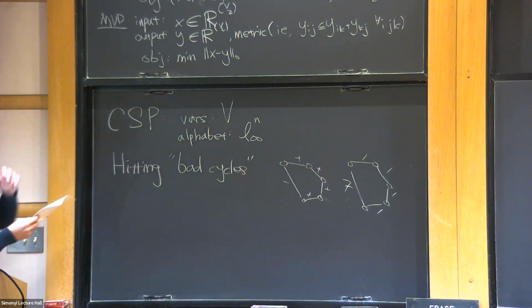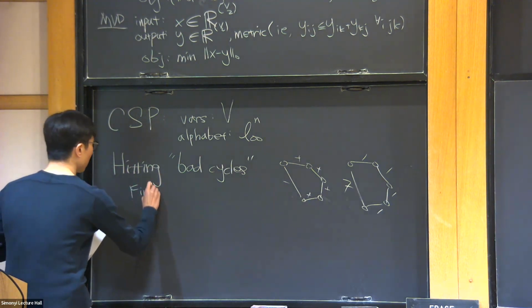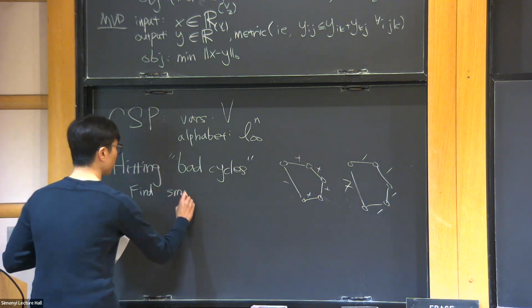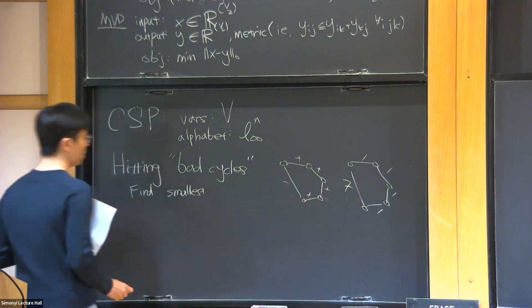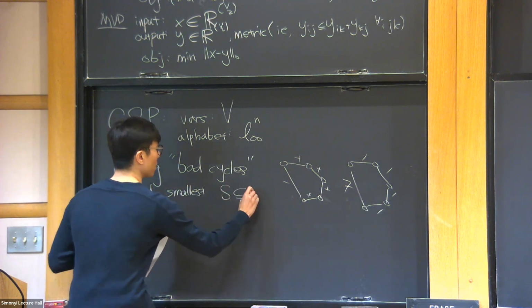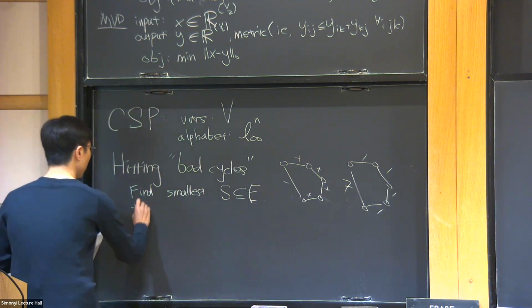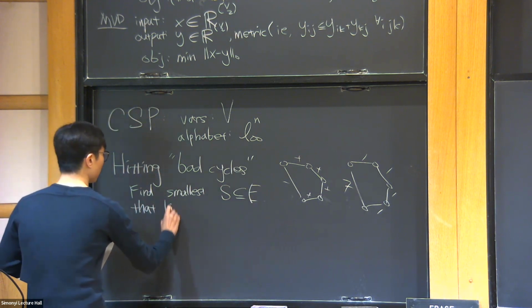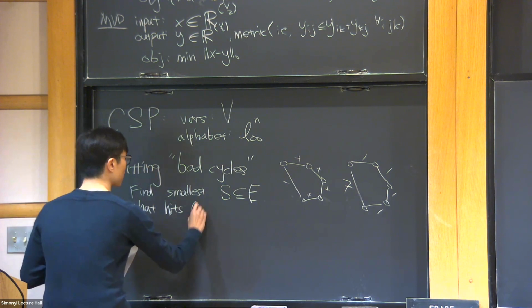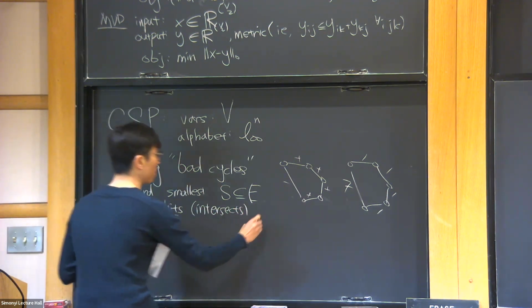And one actually equivalent interpretation of both problems is to find the smallest solution E, a subset of edges, that hits, which also means intercepts, every bad cycle.